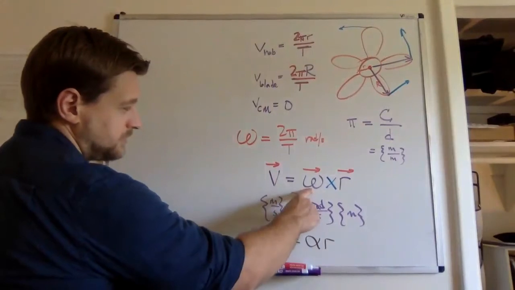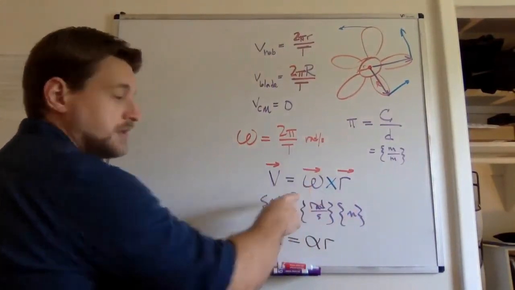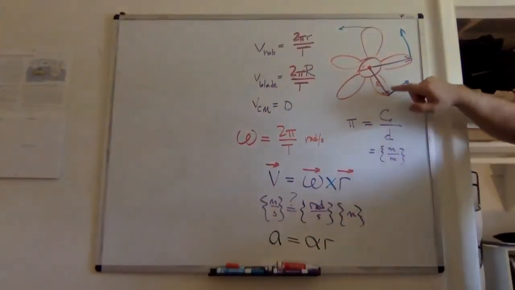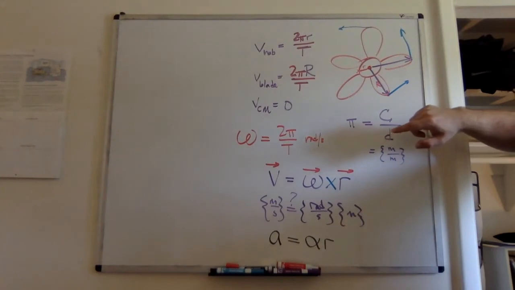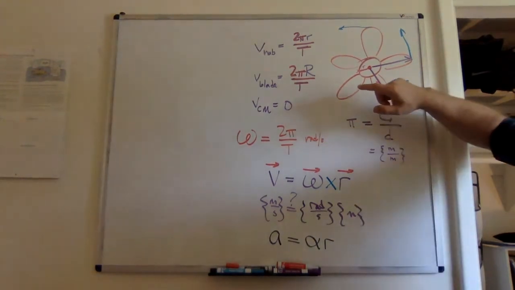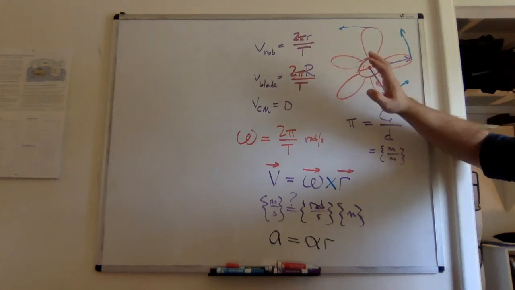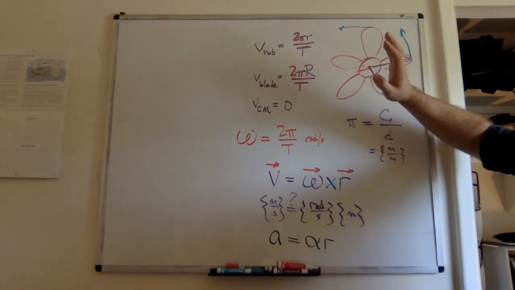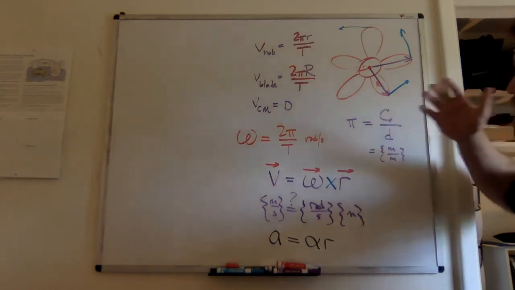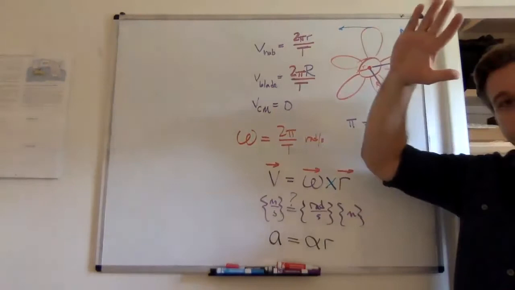So we start with our fingers pointed in the direction of omega, which I said was back at the camera. Omega points out of the board.